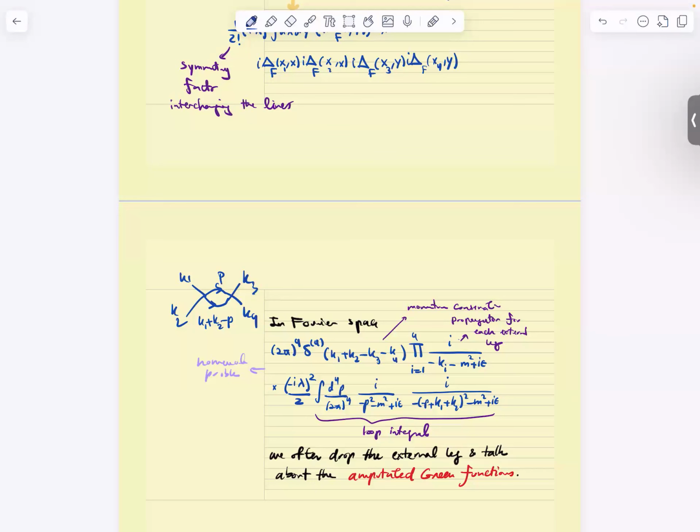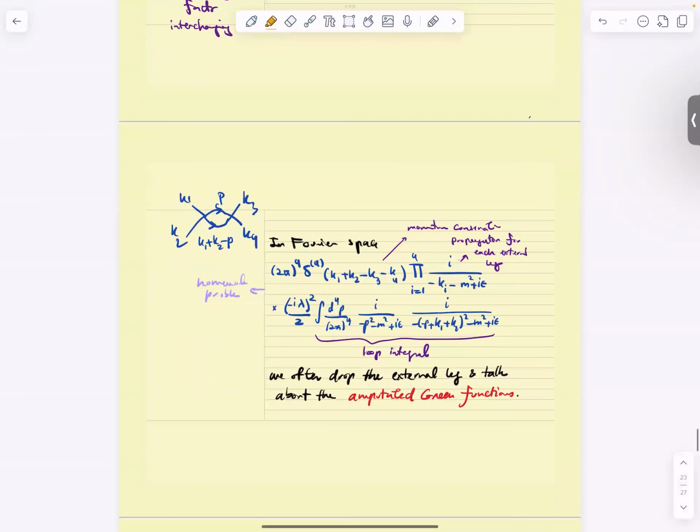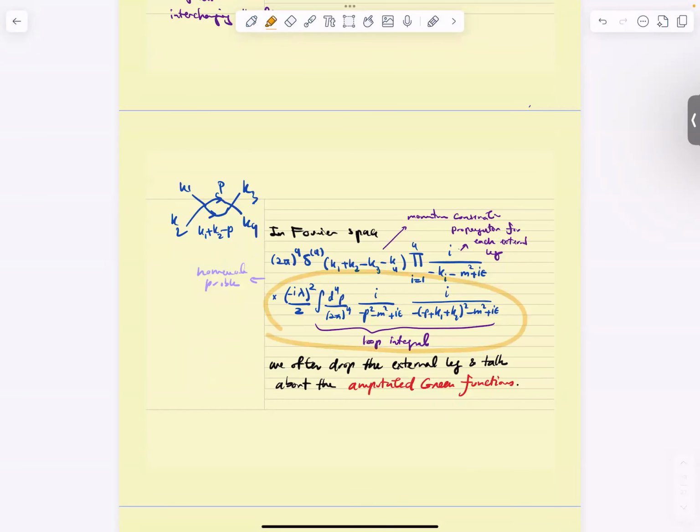That's what I did when I wrote this as this 1 plus this thing, whatever it was, right? This was the amputated diagram. So we often just focus on the amputated diagram because that's all that is important. The rest of it is kinematics, completely fixed by kinematics.